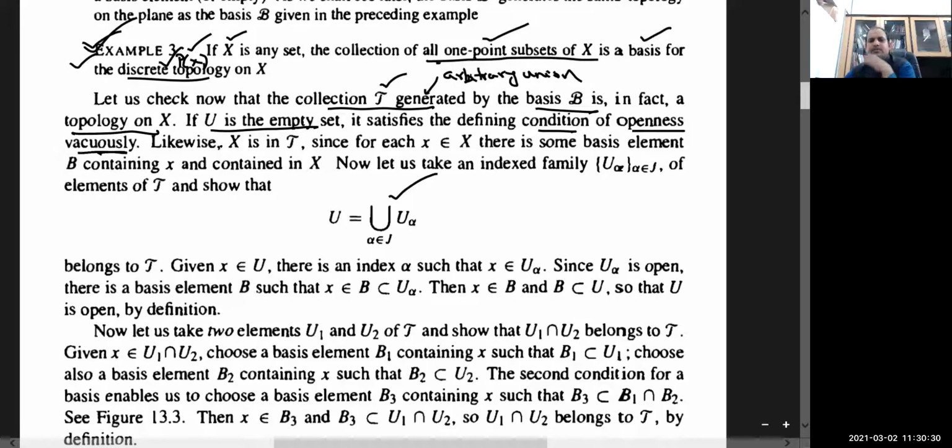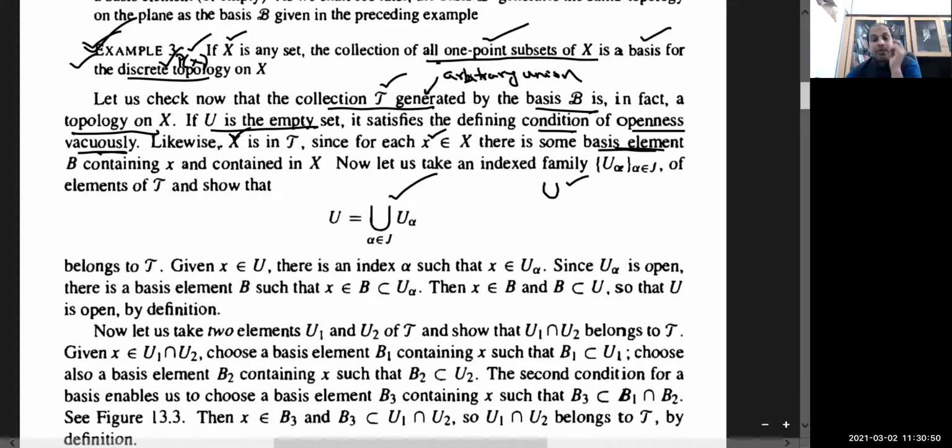See how. And after this, it is written that likewise X is in T. The full space is always in T, since for each x belonging to X there is some basis element. See, the definition of basis was exactly this: for each x there will be a basis element. A set U is said to be open.